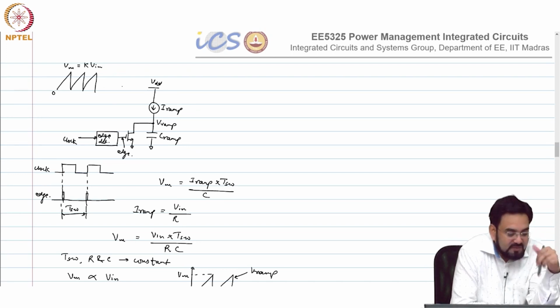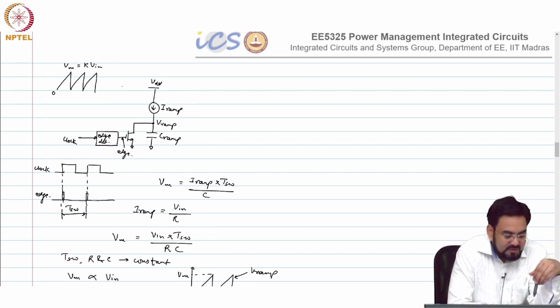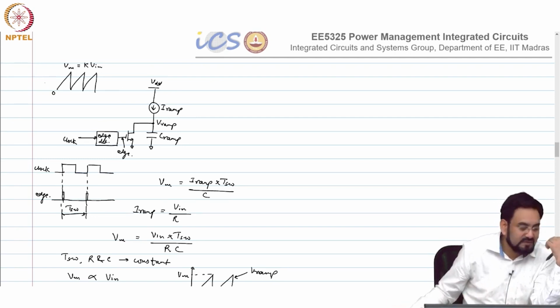Yeah, if your line voltage changes, your duty cycle will immediately change. Otherwise it has to rely on the loop bandwidth, which may be slower, obviously 1/10 of your switching frequency. Here, even if there are any fast changes in Vin, those changes will get reflected in your duty cycle and it will not change your output. So line transient is very good for this.